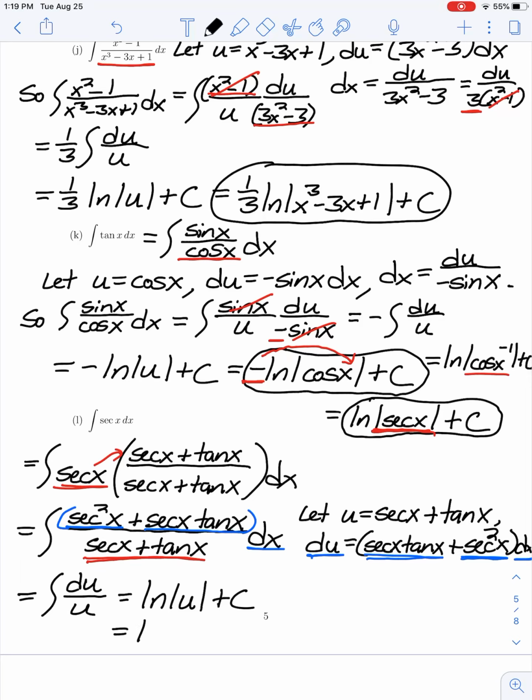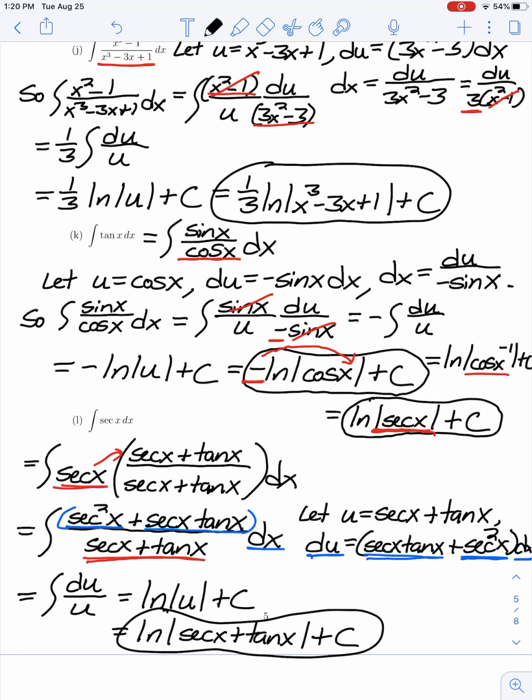And so to get our result, we simply substitute u back in. We have the natural log of absolute value secant x plus tangent x plus c.